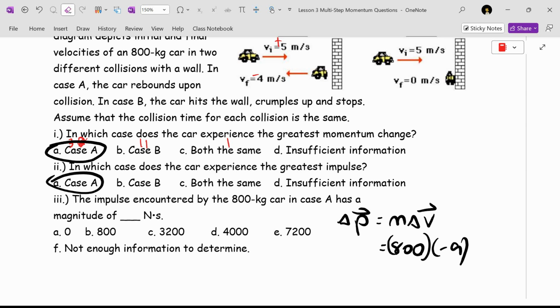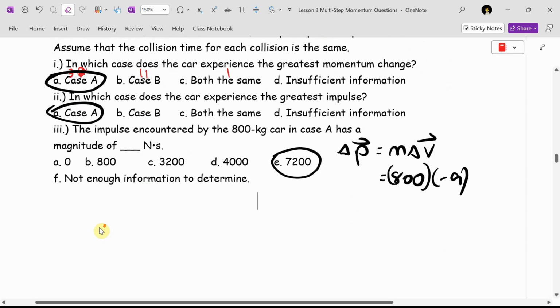Adam, what? Yeah, they said magnitude. You get -7,200, but they're just asking about the magnitude. Yeah, that car that bounced backwards experienced a much bigger change in momentum, a much bigger impulse than the car that just came to a stop, which, turn the page, leads to something important about car safety.